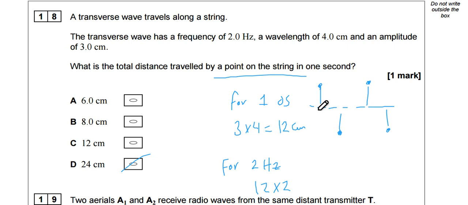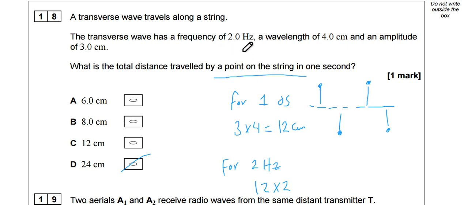Okay, during one oscillation, we have two distances traveled, which is 4 centimeters above equilibrium and 4 centimeters below equilibrium, which is 8 centimeters. But we shouldn't rush to the answer 8. Why?